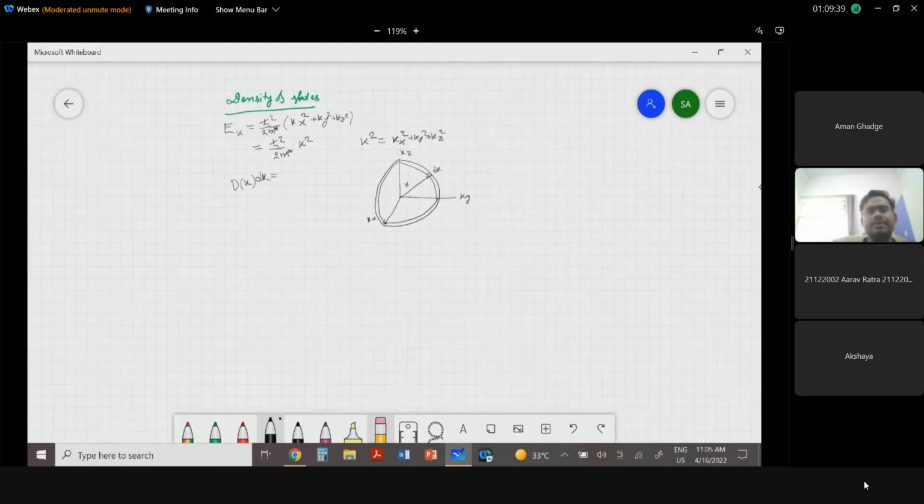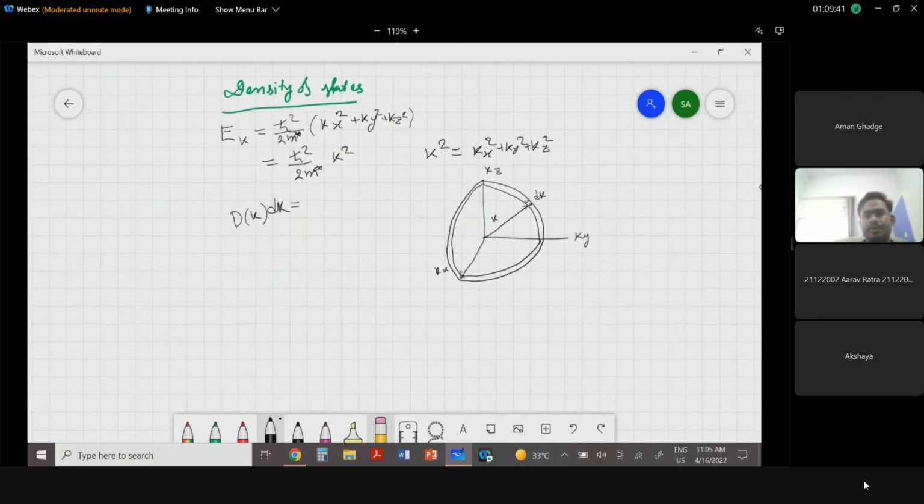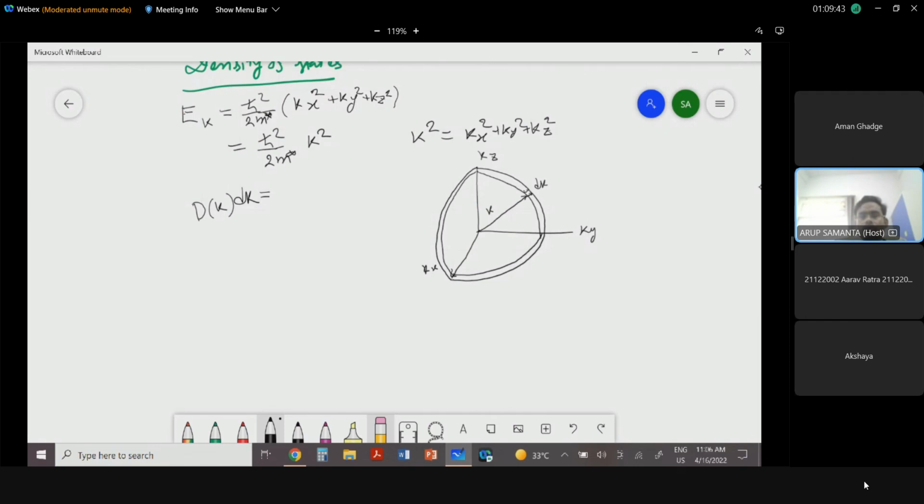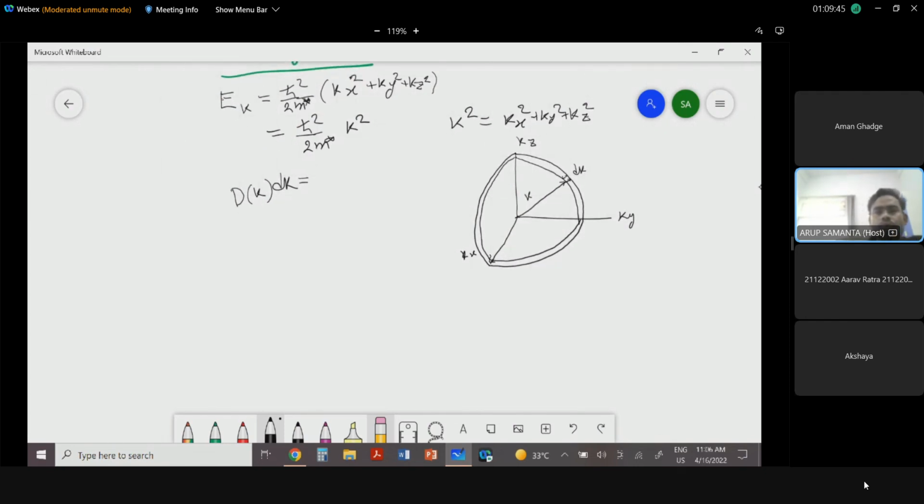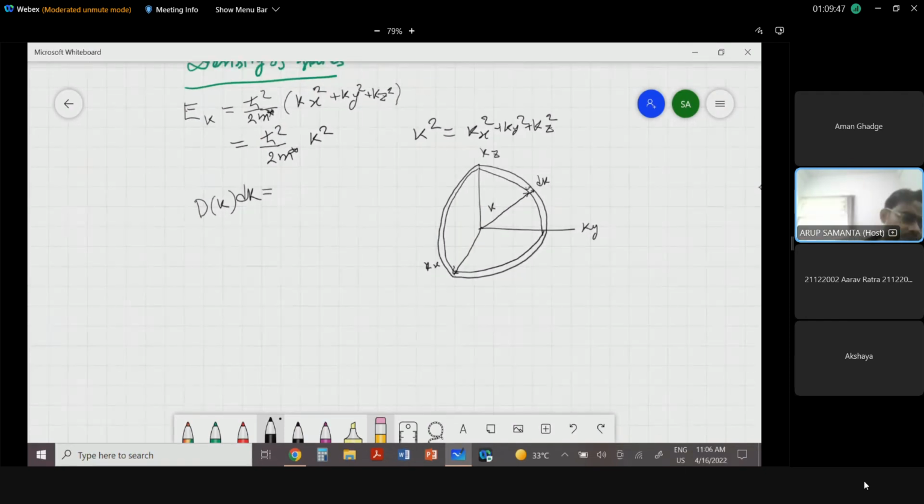We just simplify this model to a simple sphere. So now we want to get the density per unit. This is the total number of k states. This is defined per unit reciprocal lattice volume. The k value present per unit energy per unit k value.